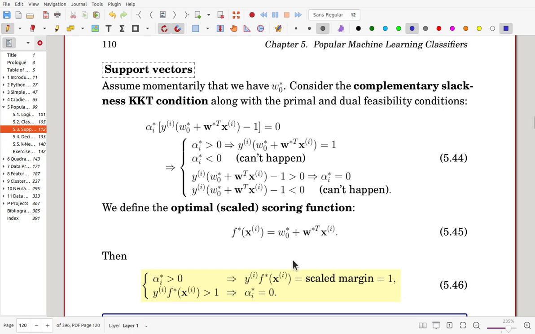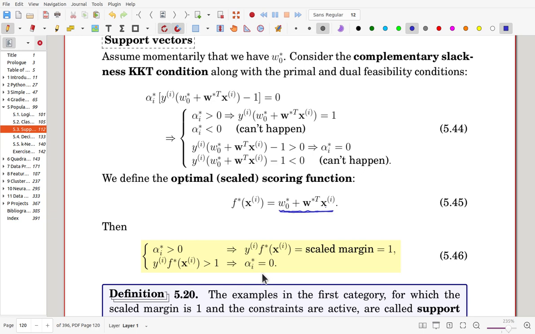Here we define the optimal scoring function, basically the optimal net input for given xi. Now we have W star and W0 star, so that is the optimal net input. This one says that along with the yi multiplication there is 1. That is saying that once it is larger than 1, alpha is 0.